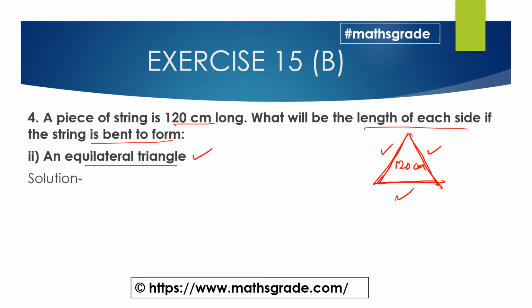The length of this string, that is the perimeter, 120 centimeter, is bent to form an equilateral triangle. The perimeter of this equilateral triangle is 120 centimeter. We have to find the length of each side of the equilateral triangle.